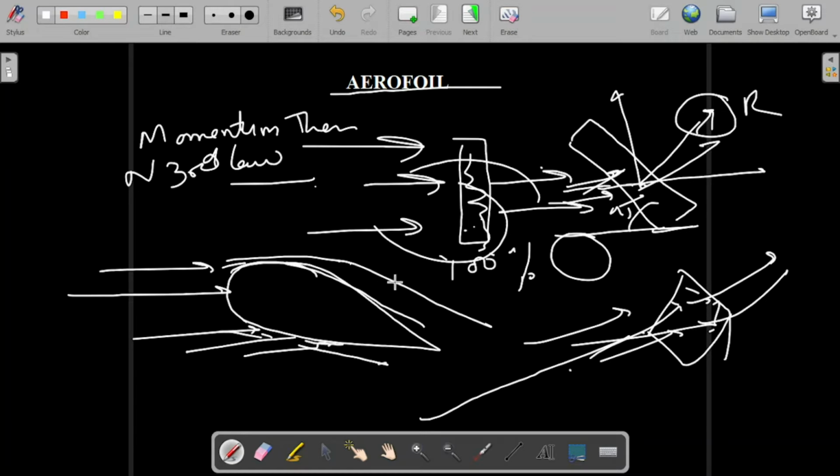So the velocity upward is more as compared to the velocity downward. And what Bernoulli's principle says is that where the velocity is high, there is low pressure, which reduces the pressure here, which creates a force upward, which is known as lift force.